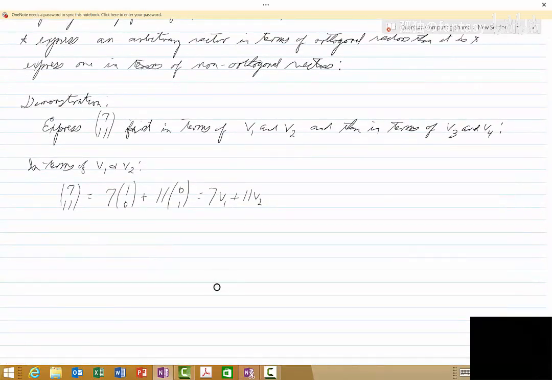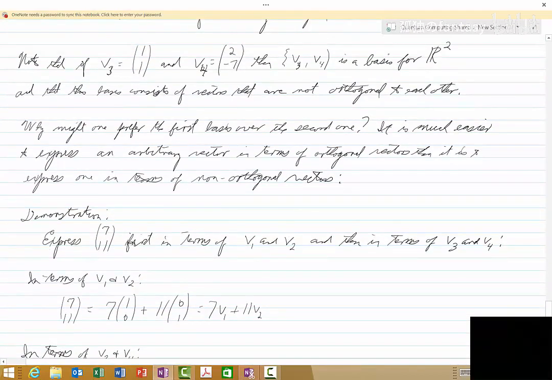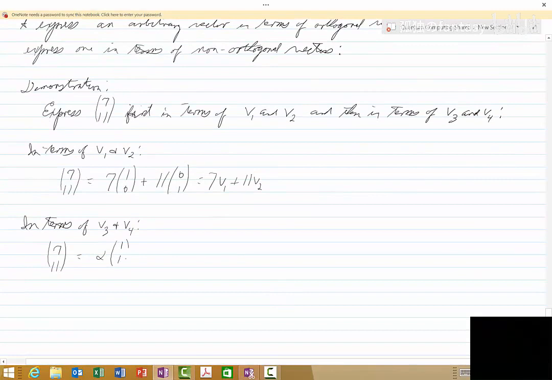But what if we want to express 7, 11 in terms of V3 and V4? Well, we get 7, 11 is equal to alpha times 1, 1 plus beta times 2, -7. And so this would be alpha plus 2 beta and alpha minus 7 beta.